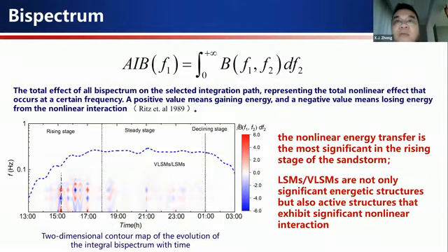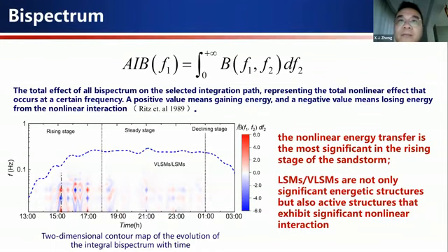Integrating the bispectrum along one of the frequency directions, we can obtain the integral bispectrum as defined by this equation. The integral bispectrum represents the total nonlinear interaction by all of the other frequency components on a certain frequency.